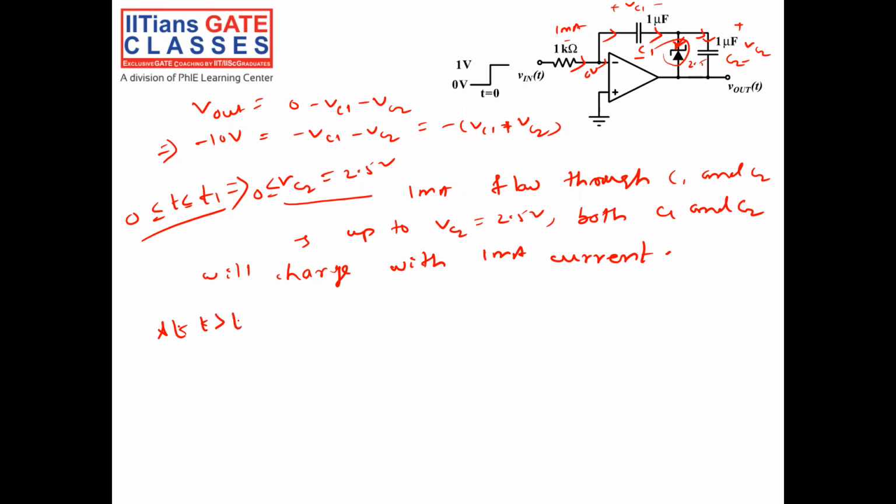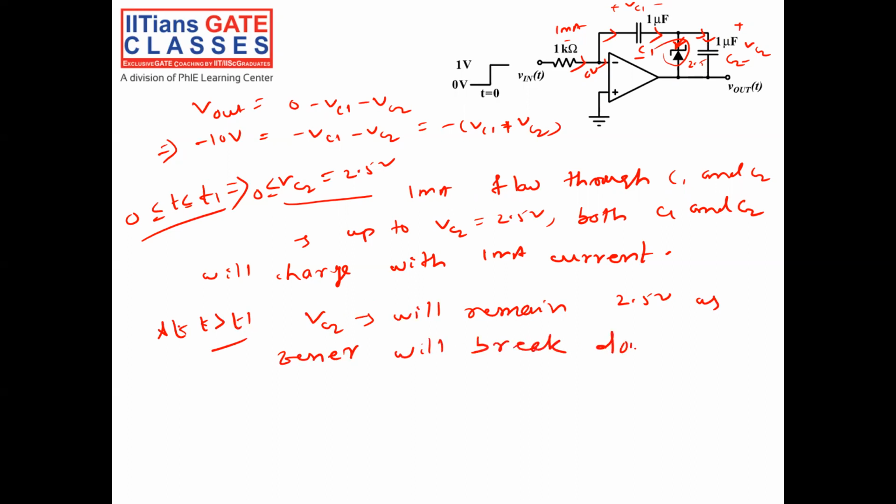At T greater than T1, the 1 milliampere will flow through VZ because VC2 will remain 2.5 volt as the Zener will break down. So at T greater than T1, 1 milliampere will flow through C1 continuously, right?